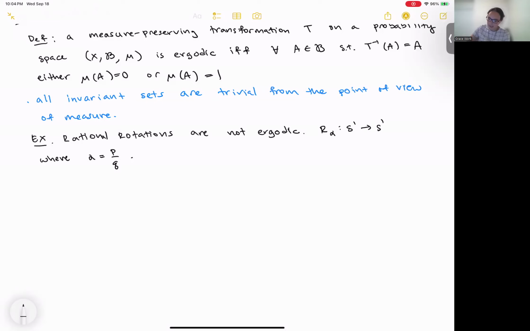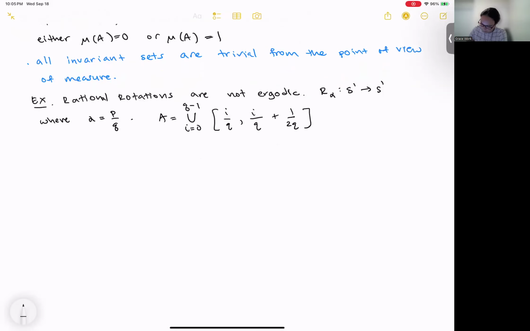All right, let's define a set A to be the union from i equals 0 to Q minus 1 of this interval, i over Q to i over Q plus 1 over 2Q. All right, let's draw a little picture. So here I have my circle. And let's let Q equal 8.